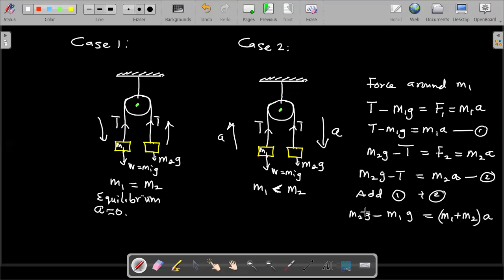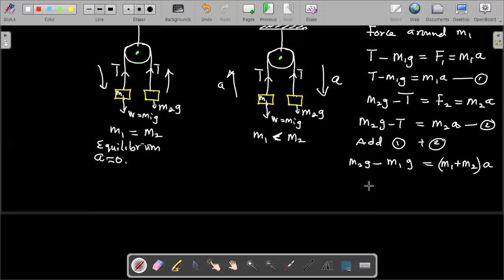From here, if we divide both sides by M1 plus M2, we establish that our acceleration is going to be M2, we see that G is also common here, so we factorize M2 minus M1 times G divided by M1 plus M2.